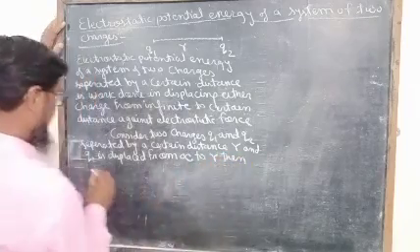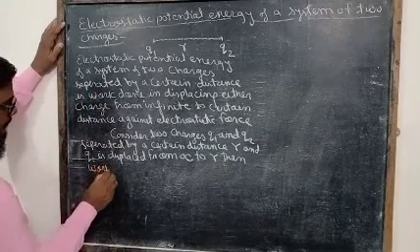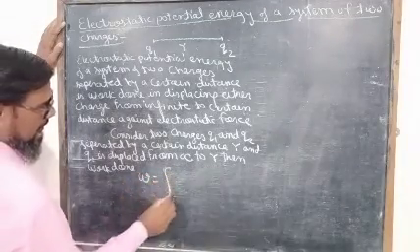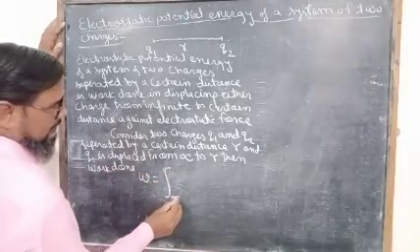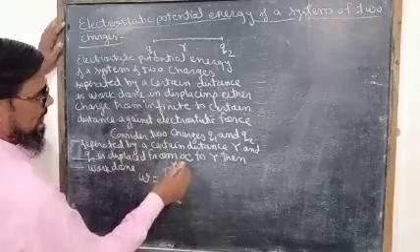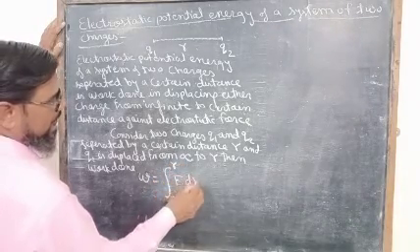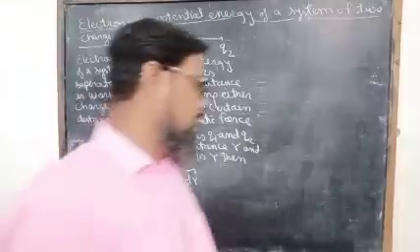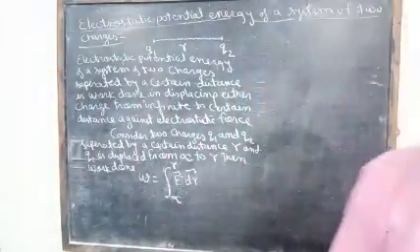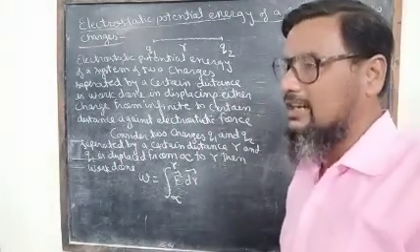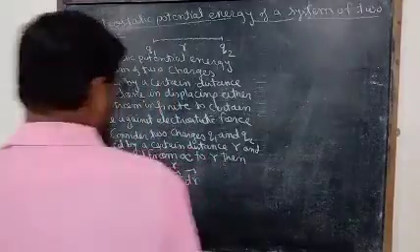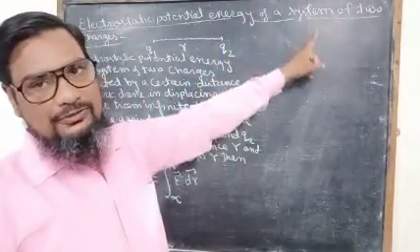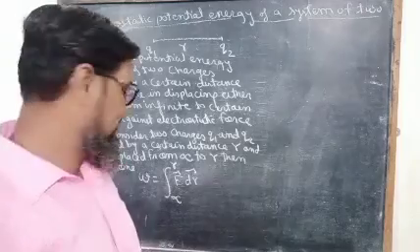Then the work done W is equal to the integral, as the charge is displaced from infinity to r, of F dot dr. This is the work done in displacing either charge from infinity to a certain distance r.